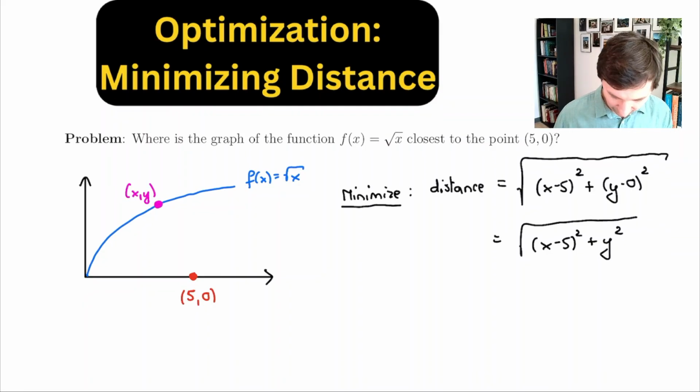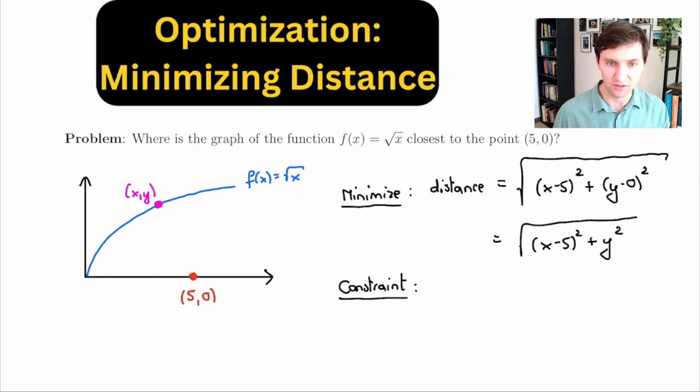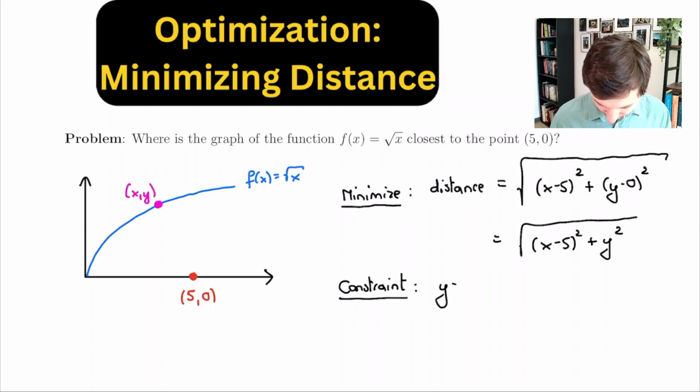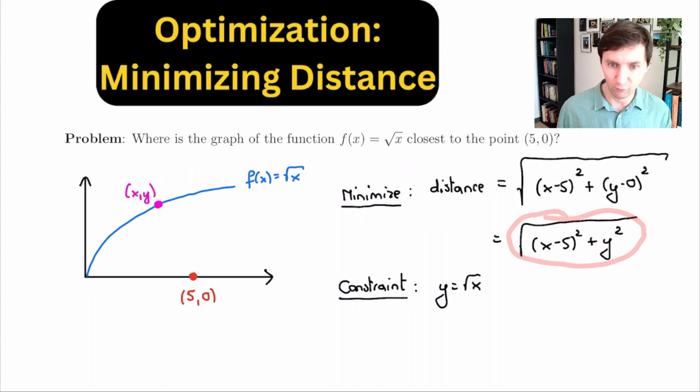We were also given a constraint. We know that we cannot use any x and y we wish. We know that x and y must be, or the point x, y must be on the graph of the function square root of x, which means that the constraint here is that y equals square root of x. Let's use this constraint to rewrite our function in terms of only one variable.